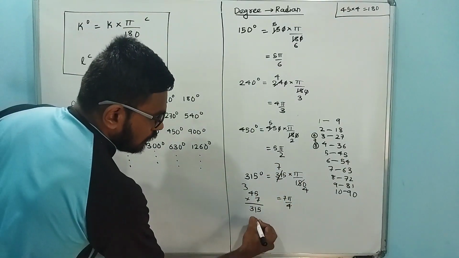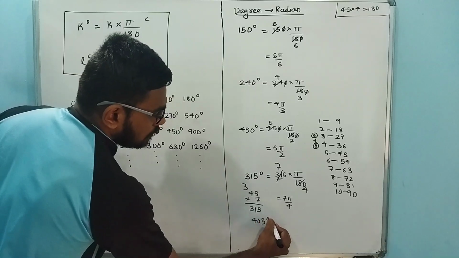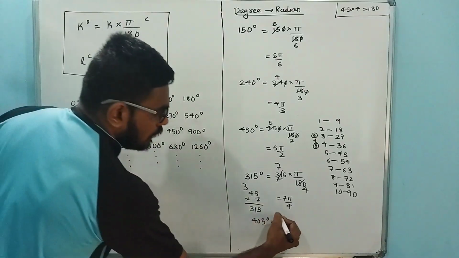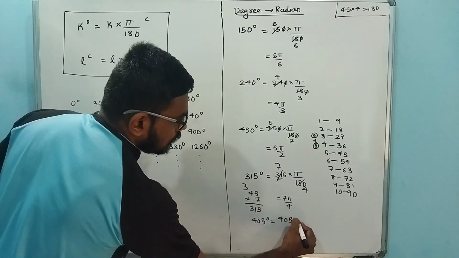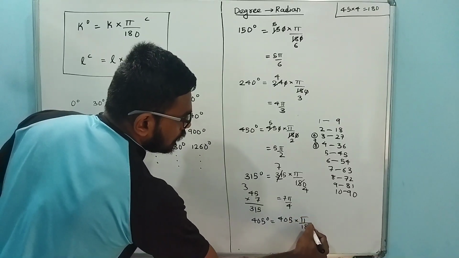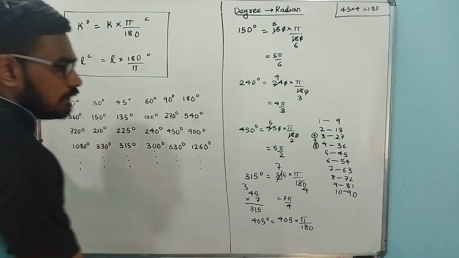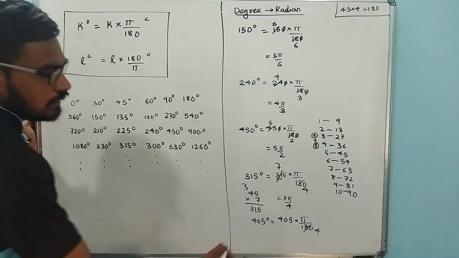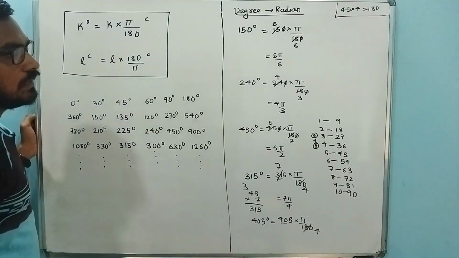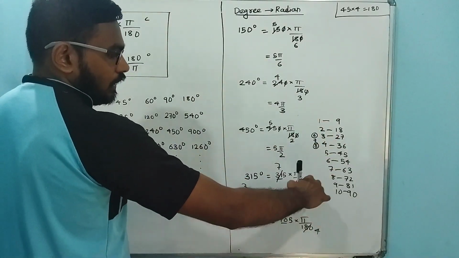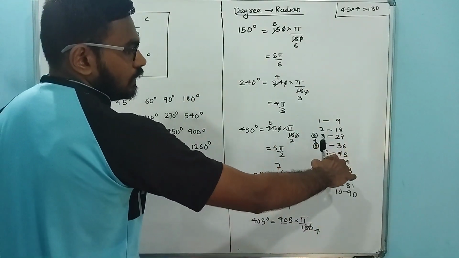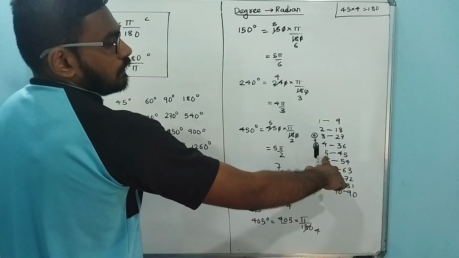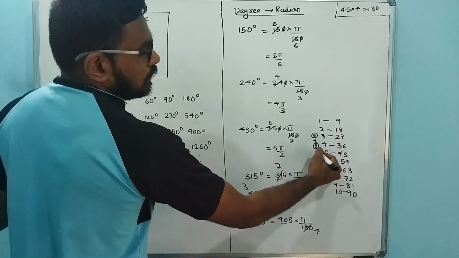One more example, 405 degree. So 405 into pi by 180. So 45 into 4 is 180, and 45 into what is 405? Just see these first two digits and check here. 40. So 40 is between 36 and 45. In between this, so I'll just write.